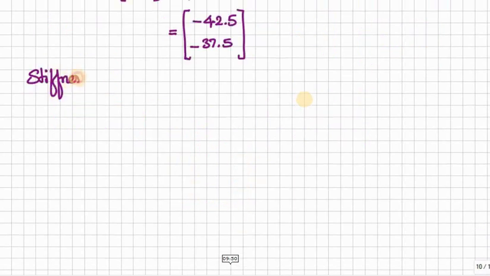Now we can use the stiffness equation, which is P is equal to K into delta.